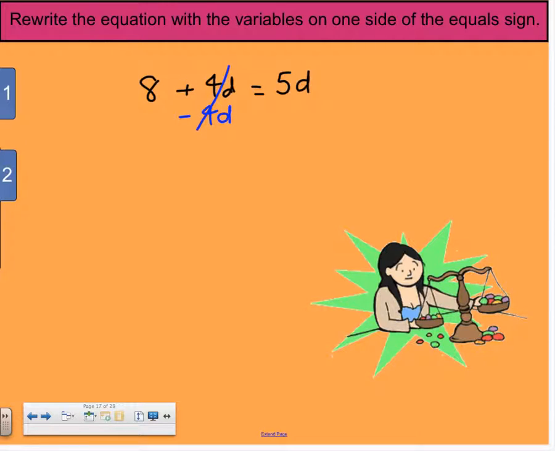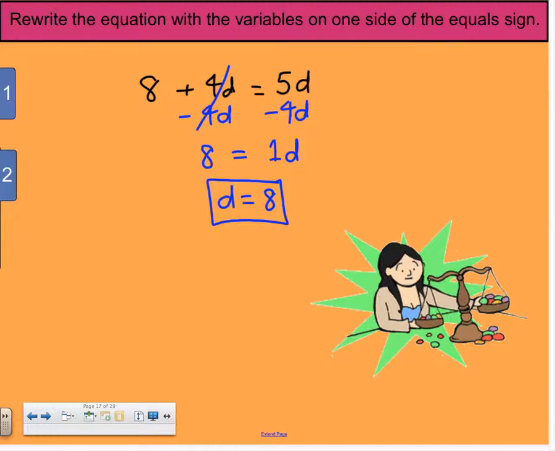All right? And so we can cancel those out. Whatever I do on the left side, I have to do on the right side. Subtract 4d. I'm left with 8 equals 1d, or as we've mentioned earlier, multiplying anything by 1 does not change its value. So really, we have d equals 8. So that is our answer to this one.